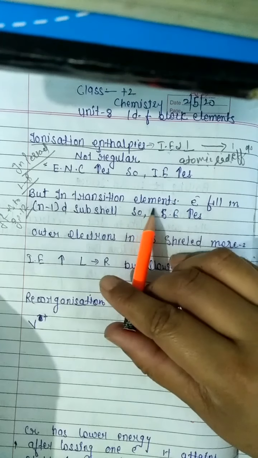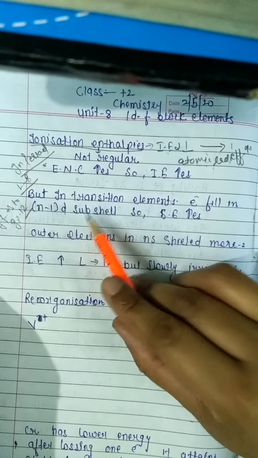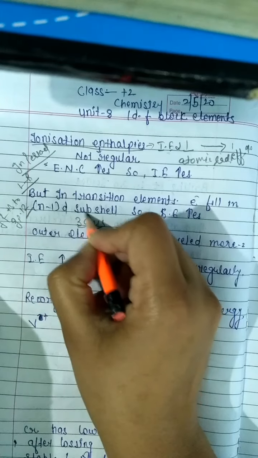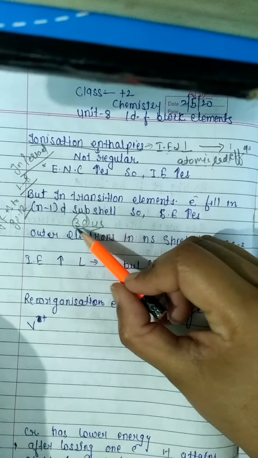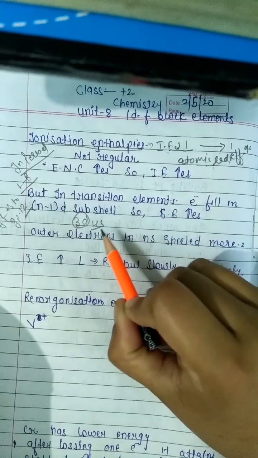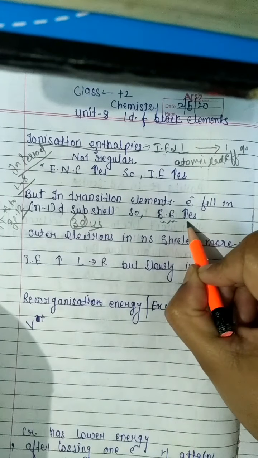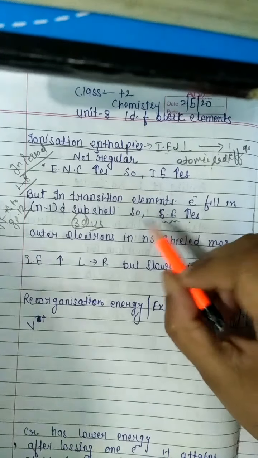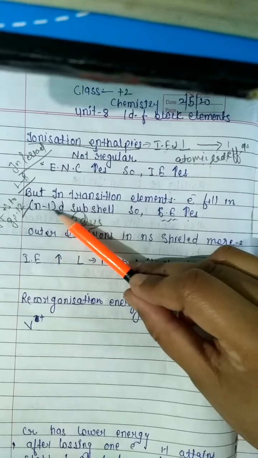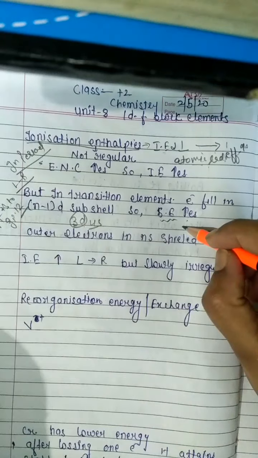Firstly, in a transition series, electrons are filled in an n-d subshell. In 3d4s, we are filling the electrons in the 3d subshell. So the screening effect is increased. When we fill the electrons in the 3d subshell, meaning the n-d subshell, the screening effect increases.